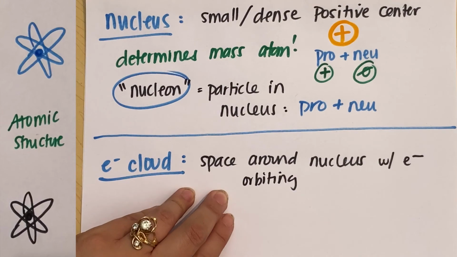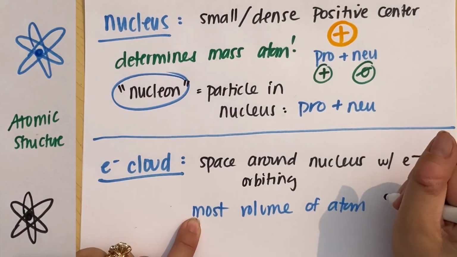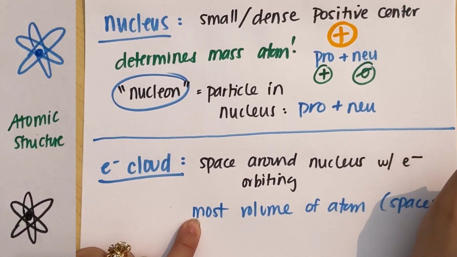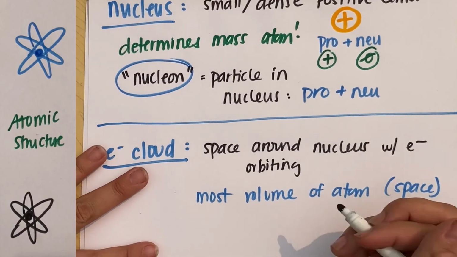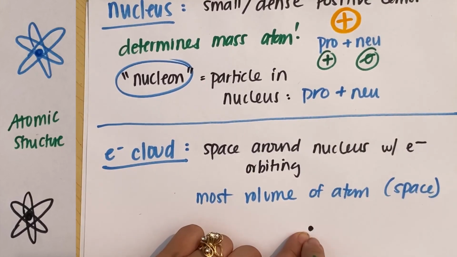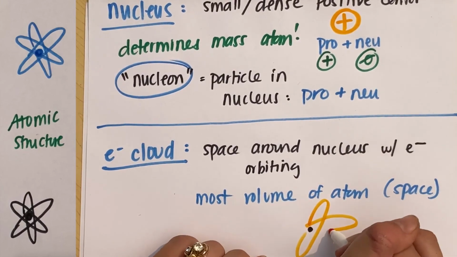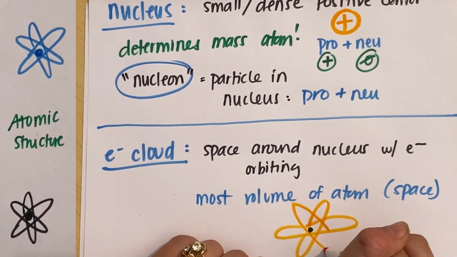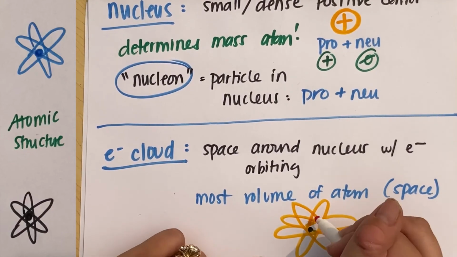Your electron cloud takes up the most volume of the atom, AKA the most space. If you were going to look at a model of an atom, if I can draw this, there's your nucleus. So it's this small, dense center, but your electron cloud is huge. These electrons are zipping around all over the place. Horrible picture.